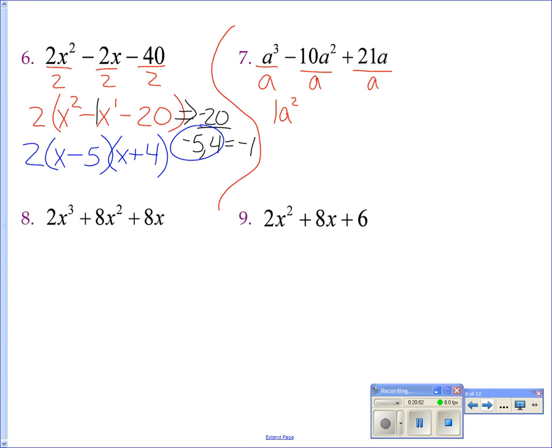Plus or minus? Minus 5. Uh-huh. So drop down the 21 because there's nothing to divide it by. And what happens here? Cancel. Okay? Put it in parentheses.